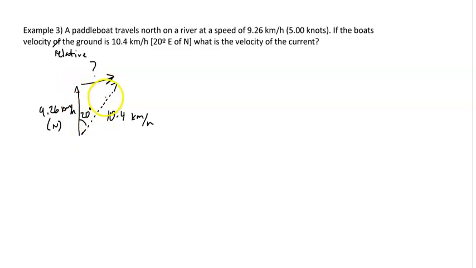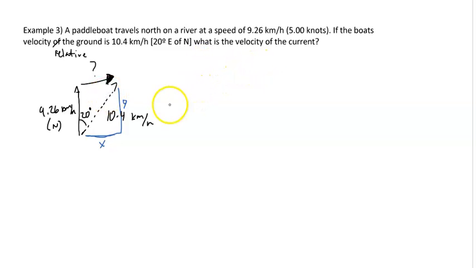And so we don't know the components here, but we need to figure out the components of this piece here, given the hypotenuse and the spot that's going exactly north. So what we're going to do here is we'll break down the final velocity into its x and y components, so that we can figure out what's happening with this last piece of current.